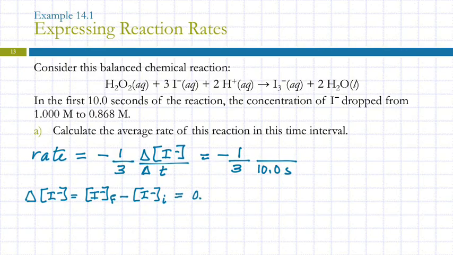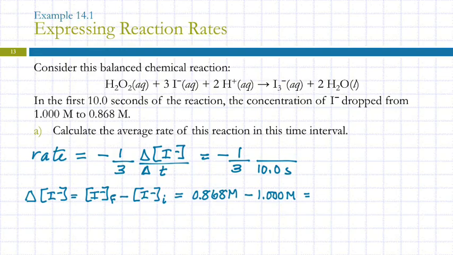So the final is 0.868, and the initial is 1.00. I'm not always going to write it out like this, but we just need to be clear on what we're doing. You should have your calculator handy, because I screw up when I do math, and so you need to check me.